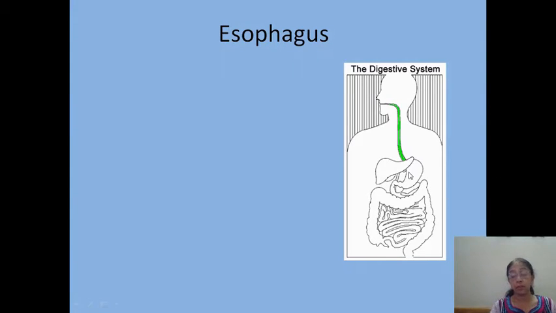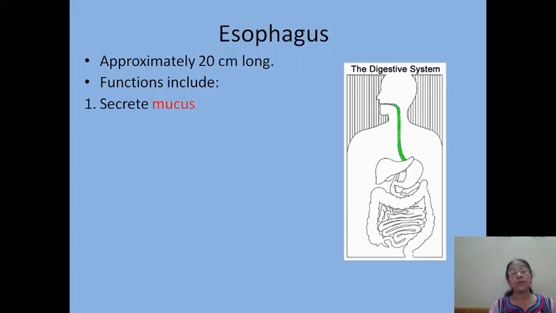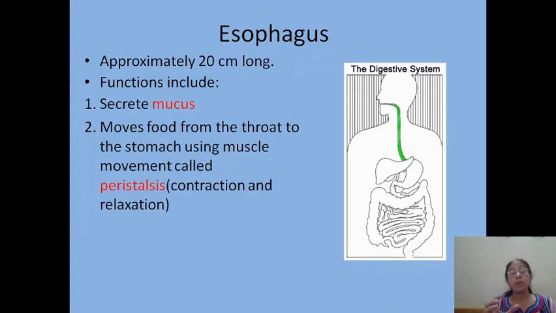This is the stomach. The esophagus is around 20 centimeters long, and it secretes mucus, which helps in sliding the food from the throat to the stomach by muscular movement known as peristaltic movement. Peristaltic movement is the alternate contraction and relaxation of the muscles.